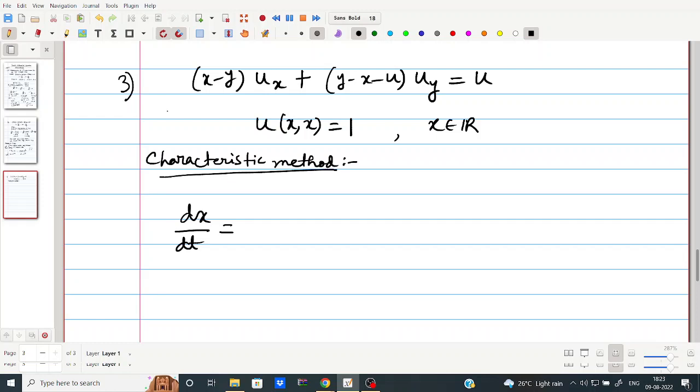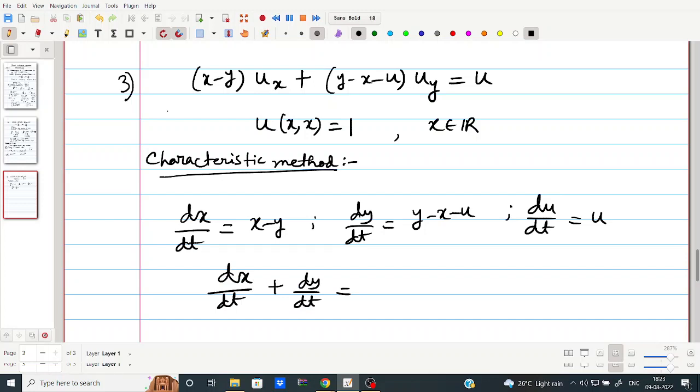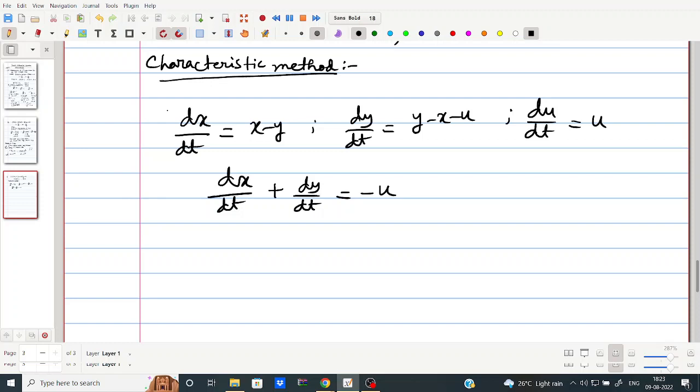So I have to solve this system of ODEs. I take the first two equations first and add dx/dt and dy/dt. If I add, x and y both cancel out, and it becomes −u. This can be written as d(x + y)/dt equal to −u.